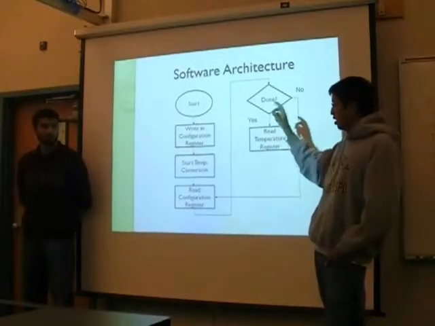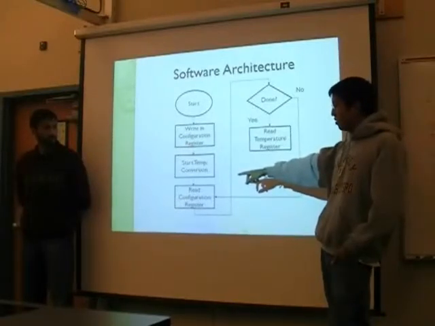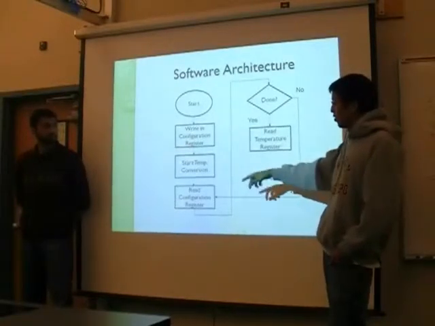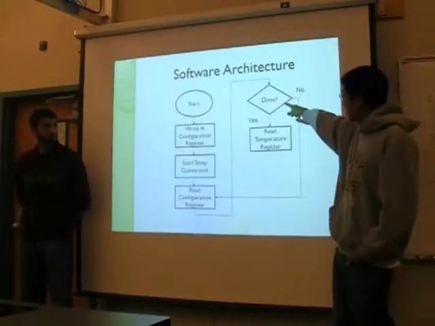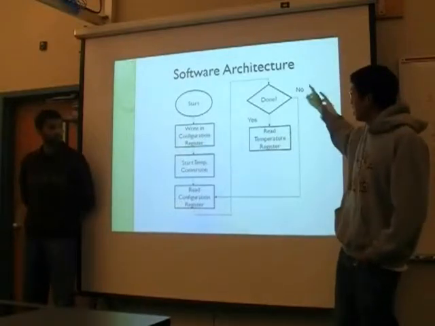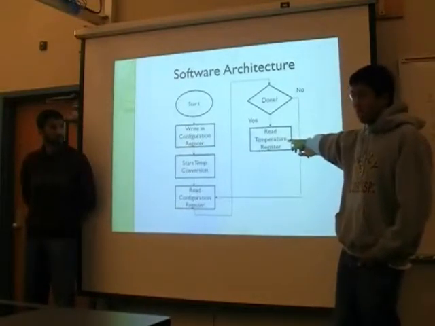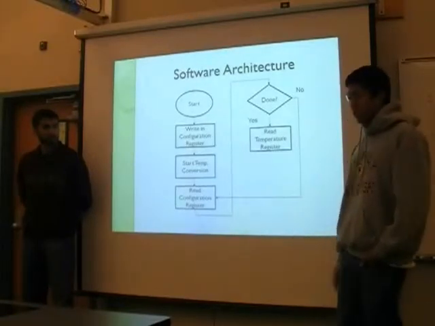In the configuration register, the very last bit, I think bit 7, checks if it's done. So you always want to check whether it's still converting. If it's done, you can read the temperature and store it. If it's not done, you just keep reading the configuration register.